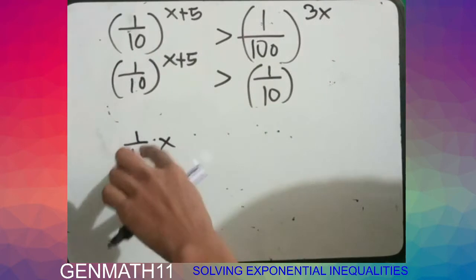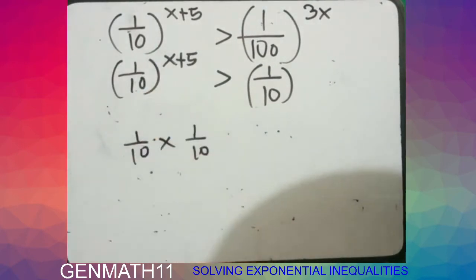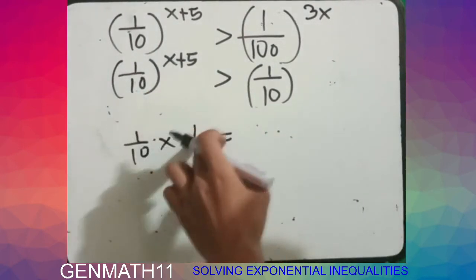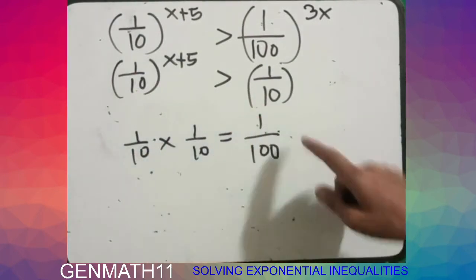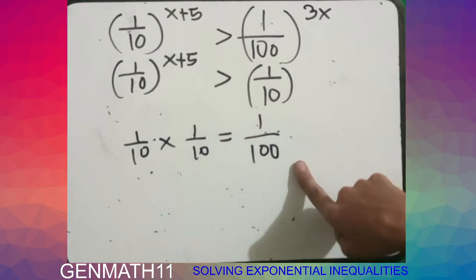Kunwari, 1 over 10 times 1 over 10 equals, di ba? 1 times 1 is 1, 10 times 10 is 100. So, na-achieve natin yung 1 over 100.